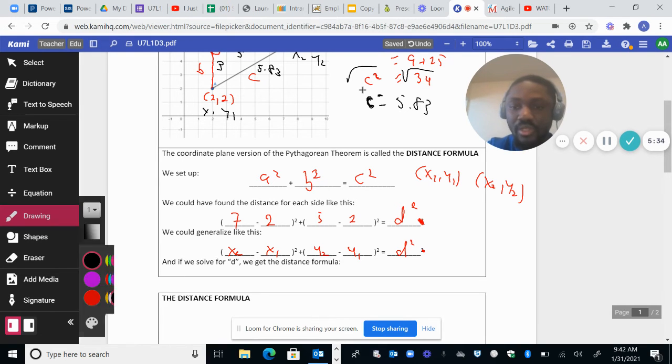And then what do we do next? Make sure you take the square root on both sides, and then you take the square root of d squared as well.